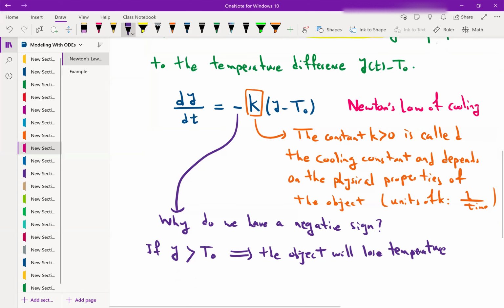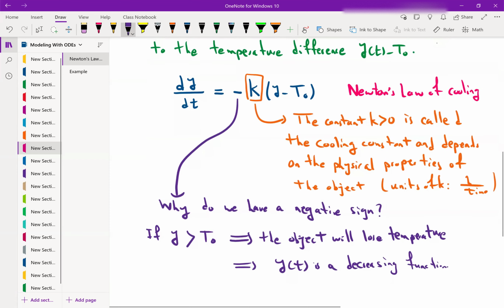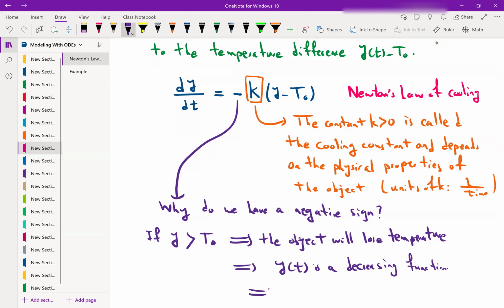As time goes on, y of t will decrease. So y of t is a decreasing function in this case. And what is the expectation about the derivative of y when you have a decreasing function? In this case, you should expect dy/dt to be less than 0. And that is what this negative sign is doing for me.